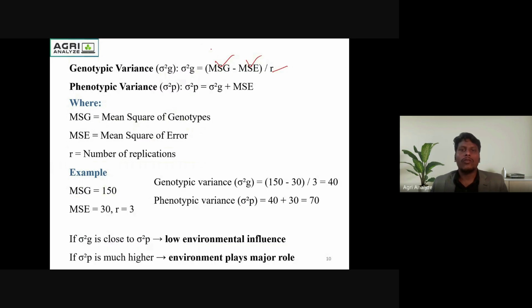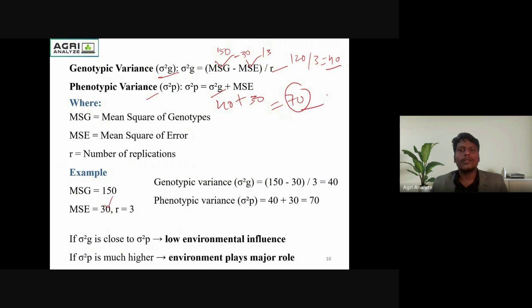Suppose we have the MSG value 150 and the MSE value 30, and divide by the 3 replications, R is 3. So 150 minus 30 is 120, and 120 divided by 3 is equal to 40. And the phenotypic formula is genotypic variance plus MSE. The genotypic variance is 40, plus the MSE value, 30, so the phenotypic variance is 70.